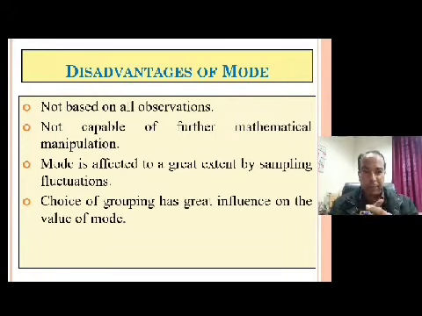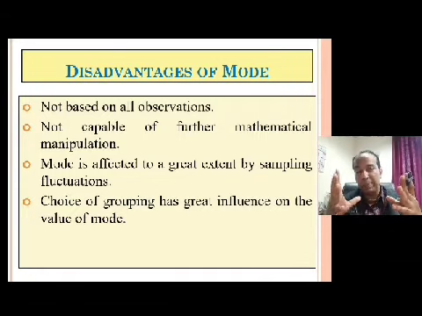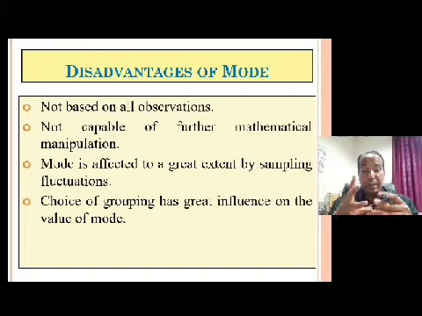Choice of grouping has great influence on the value of the mode. That's true. If we use the grouping method, and the highest values concentrate in the middle, then the result may be a little biased. So that is the demerit of mode.